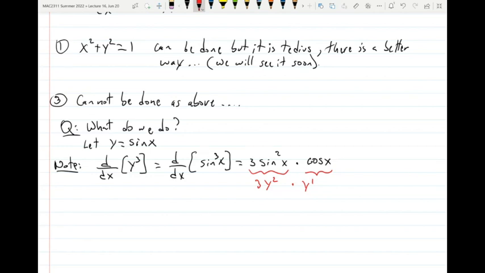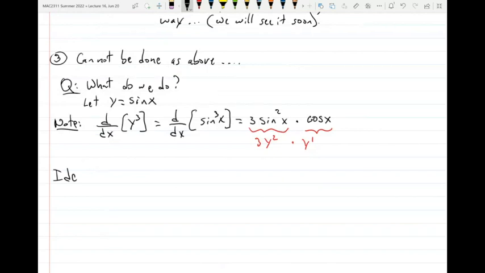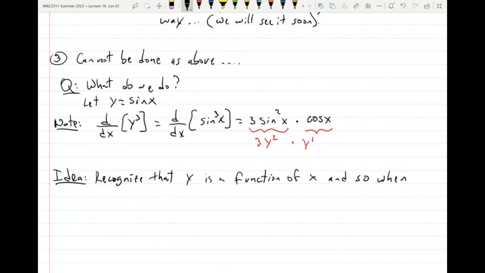Is this clear? So the idea here is, just recognize that y is a function of x, and so when we find the derivative, we may use the chain rule as needed.